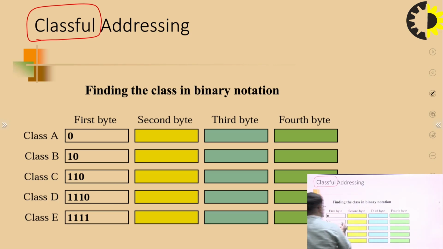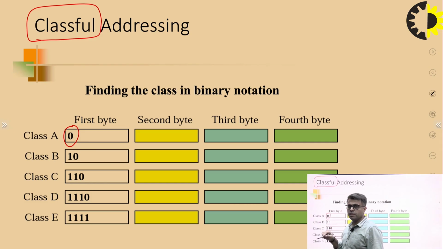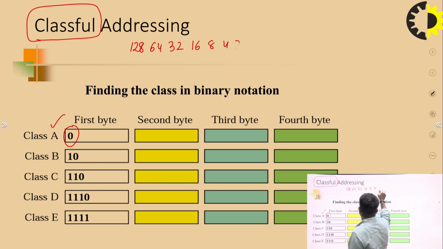So if in the first byte, the first bit, meaning MSB, is 0, then it is class A. That means if we look at the weights, this is 0.